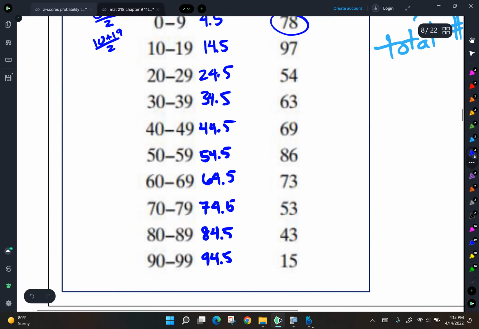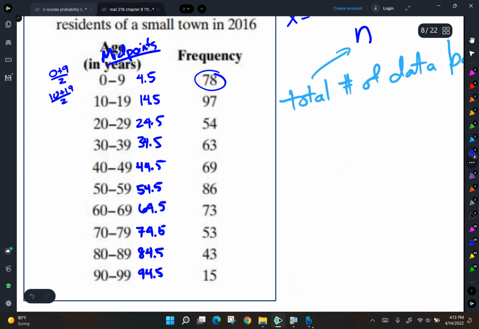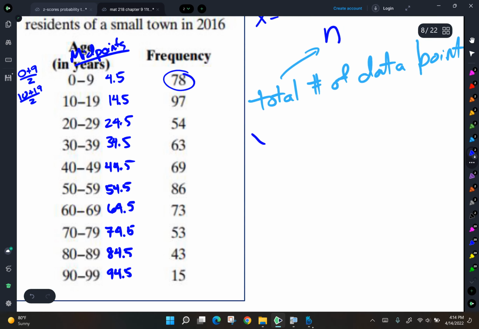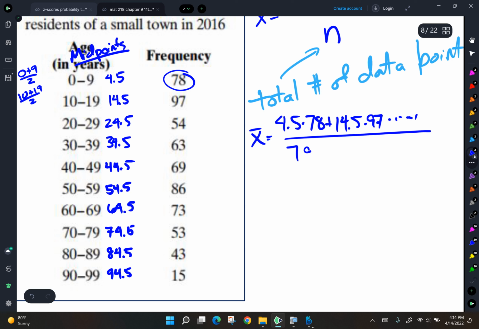And so now I have X's and frequencies. If I wanted to, I could find the approximate mean by doing 4.5 times 78 plus 14.5 times 97 and so on and so forth, divided by the 78 plus the 97 plus all the way down to that last pairing of the 15 people and all that.